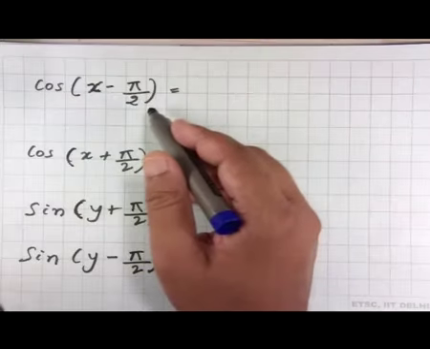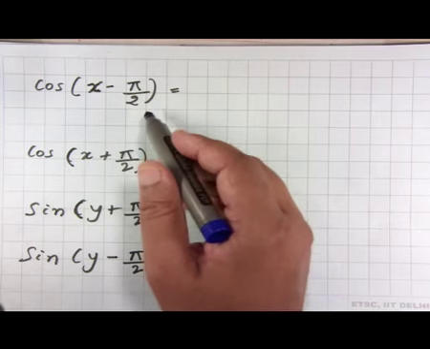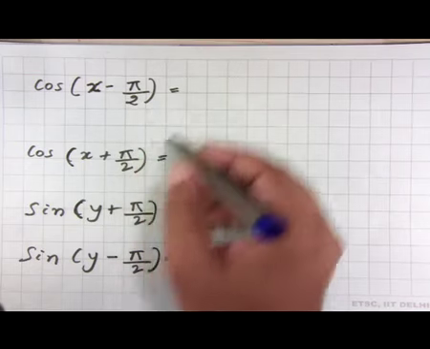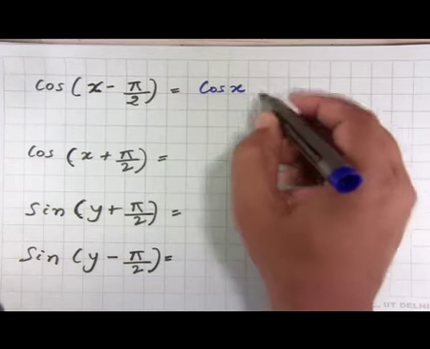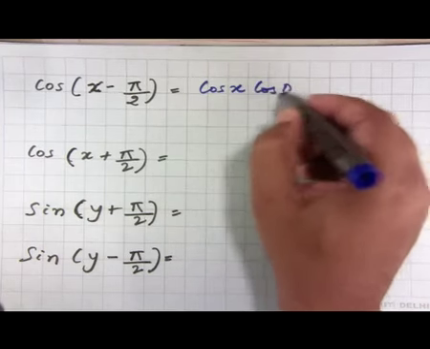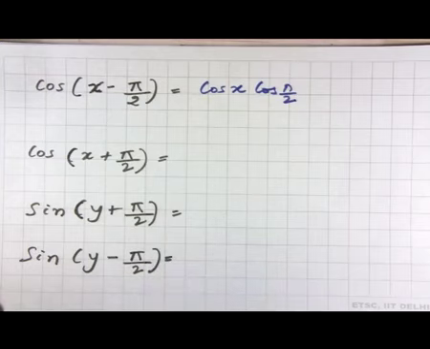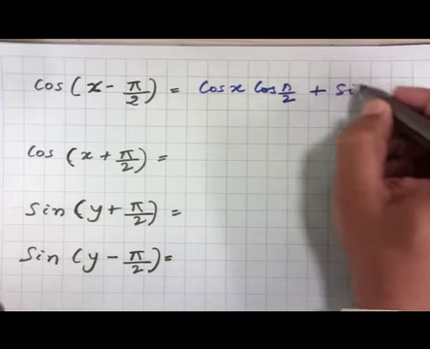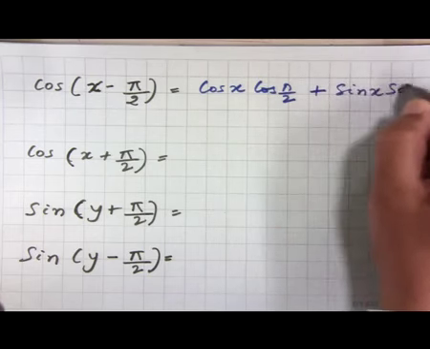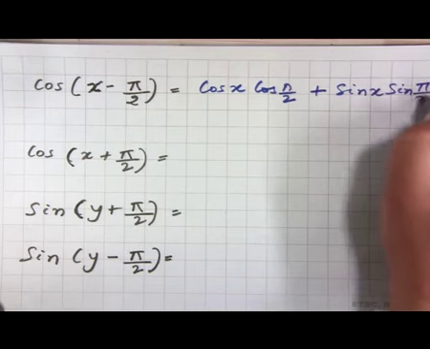Using the cos x minus y formula, many other simplifications can be done. For example, we will try to see what cos of x minus pi by 2 is. So, this is cos x cos y, where your y is equal to pi by 2, 90 degrees, plus sin x sin y.